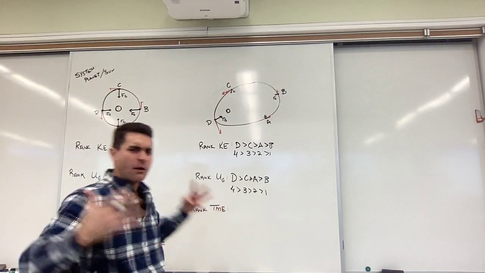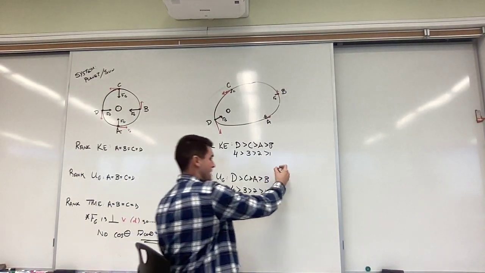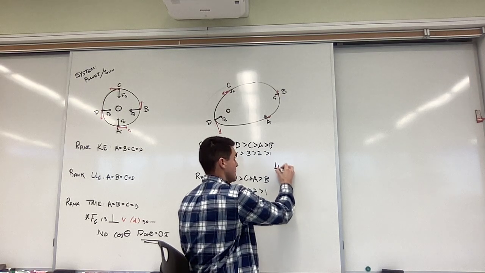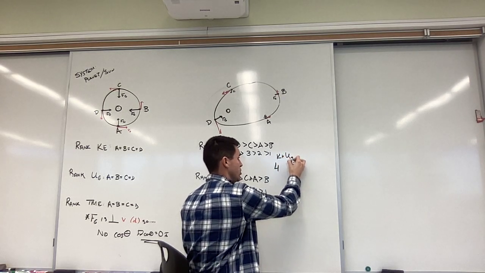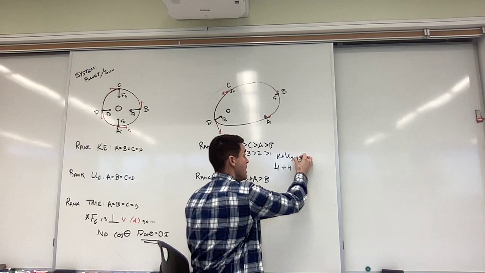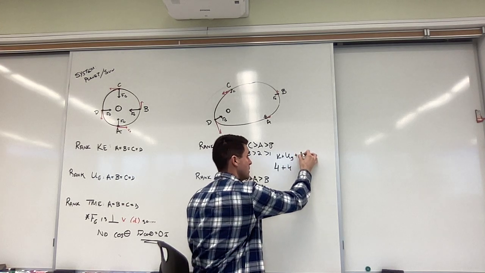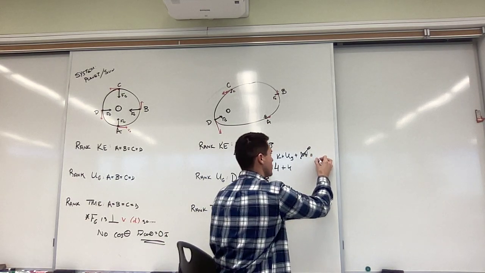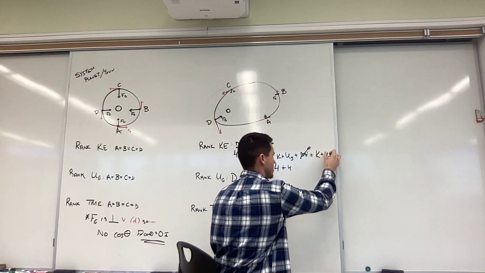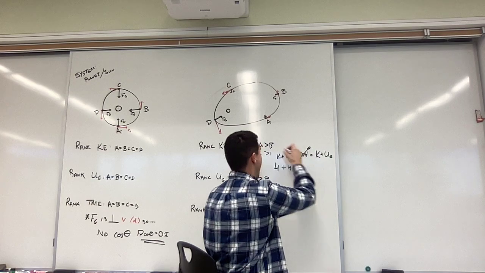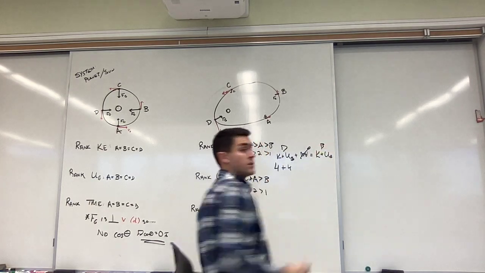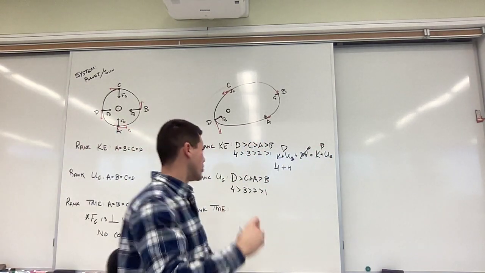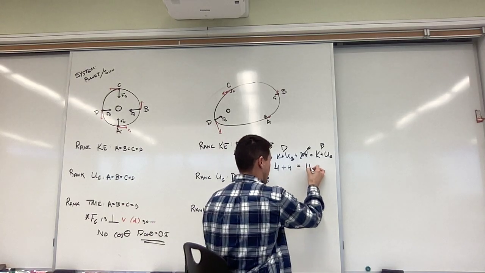What you're basically saying is that the kinetic energy at D plus UG, 4 plus 4, there is no outside force, so the work is 0. It's going to be equal to the kinetic energy plus the UG at B. If that's true, 4 plus 4 equals 1 plus 1.